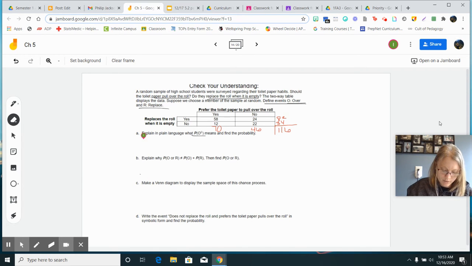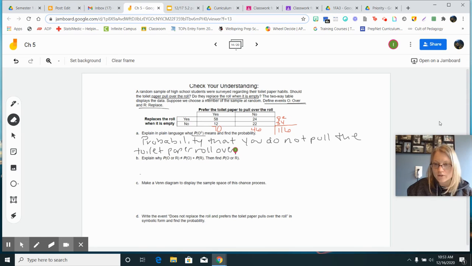So this is the probability that you do not pull the toilet paper roll over.